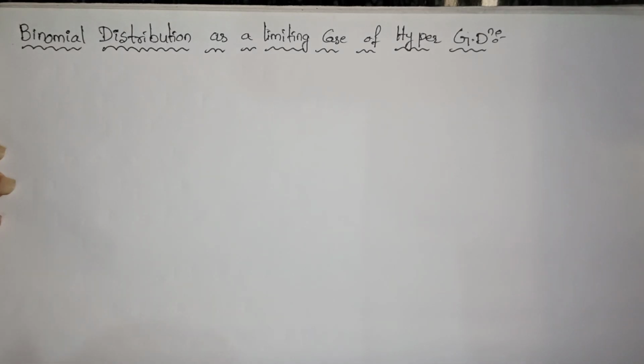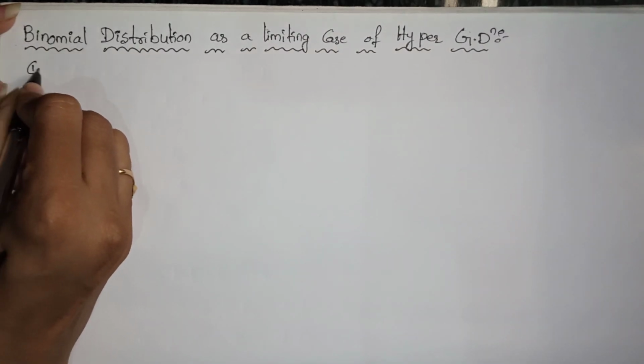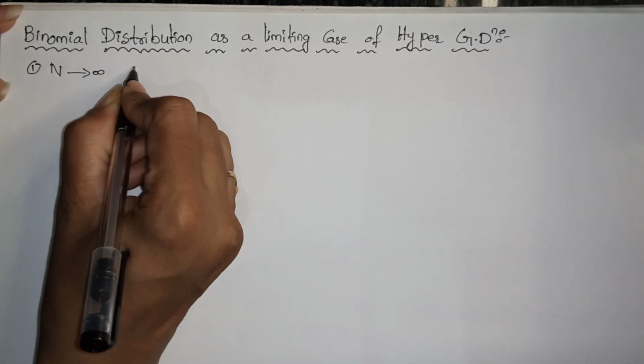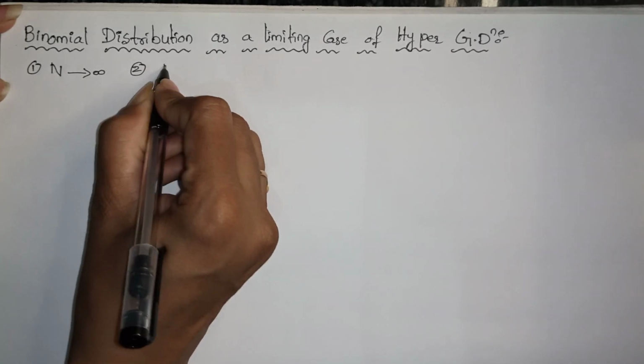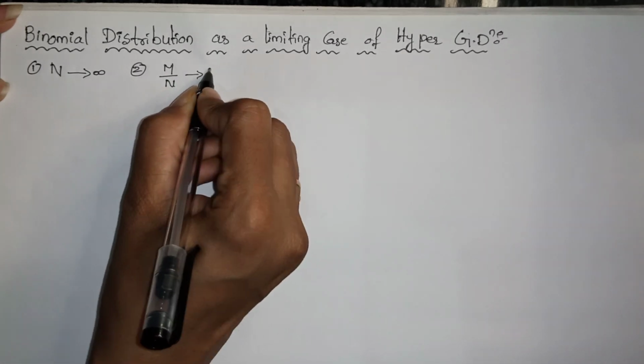So, today I am going to tell you about binomial distribution as a limiting case of hypergeometric distribution. In order to do this, we have to follow two conditions. The first one is N turns to infinity, and the second one is M by N turns to p.